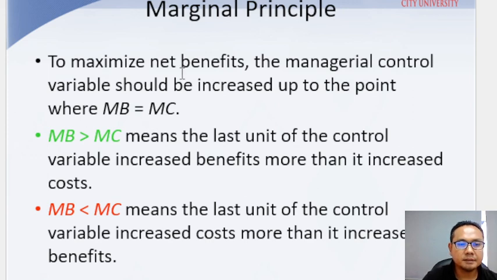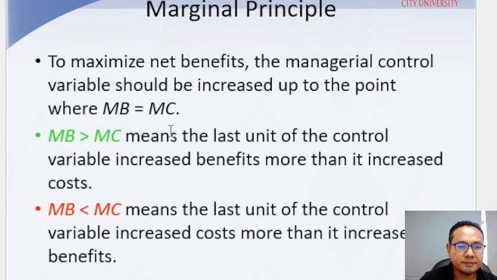So the marginal principle is to maximize net benefit. Of course we are looking to get better profits, that's why we are looking to maximize the net benefit. The managerial control variable should be increased up to the point where marginal benefit equals marginal cost.